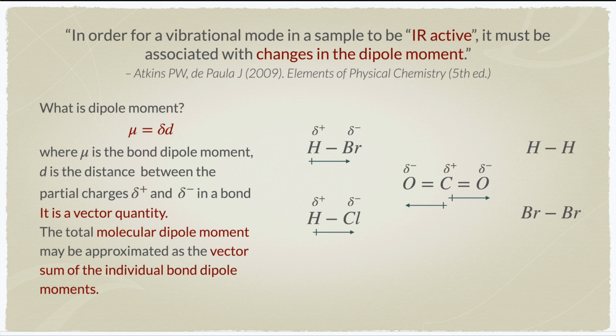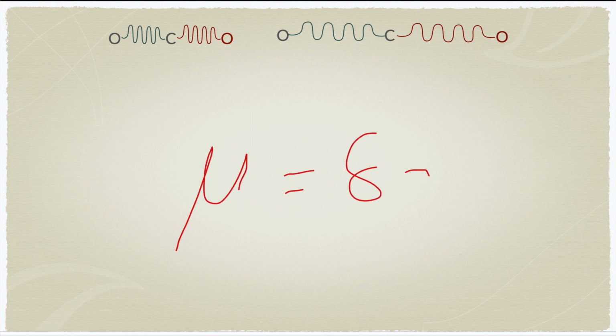So let's have a look at the case of carbon dioxide. Now carbon dioxide can have this kind of stretching. This side and this side stretch equally at the same time, or it can contract equally at the same time. Now here, if you look again at the formula of a dipole moment, mu equals delta d, the distance is the same on both sides.